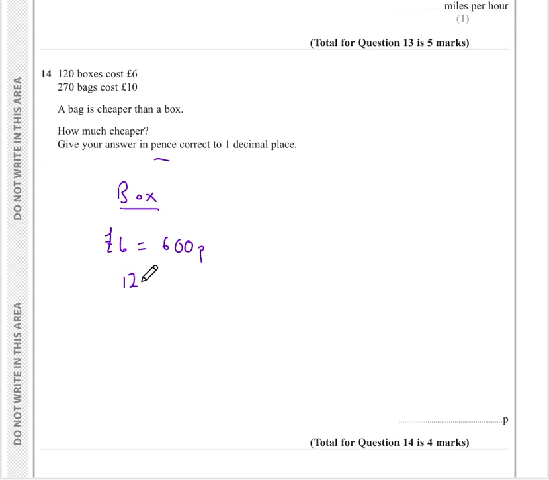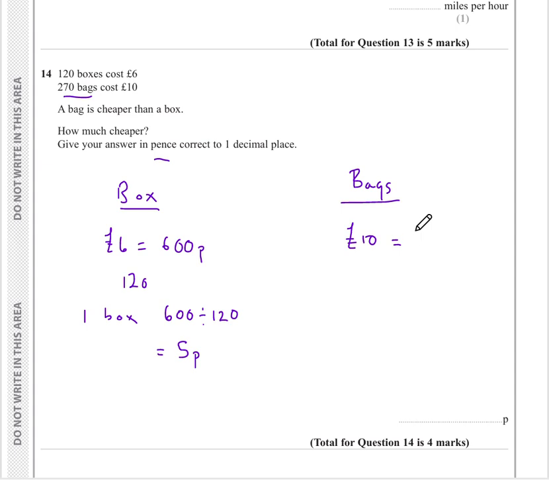So I've got 120 boxes. So to work out the cost of 1 box, I'm going to divide 600 by 120. And into the calculator, that's going to give an answer of 5 pence per box. Let's do the same now for bags. So we've got £10 and we've got 270 bags.